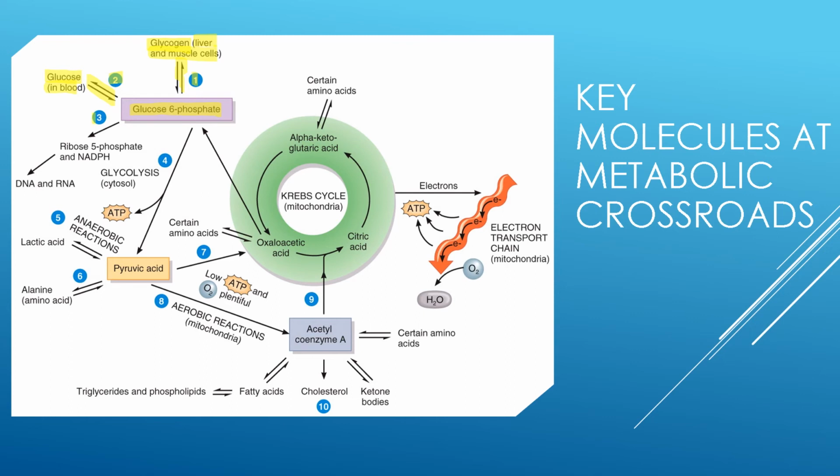Number 3 here is the synthesis of nucleic acids. So remember that glucose 6-phosphate is used to make ribose 5-phosphate. I might have said ribose 6-phosphate before, but ribose 5-phosphate is what is made from glucose 6-phosphate. This is that 5-carbon sugar that's used to make DNA and RNA.